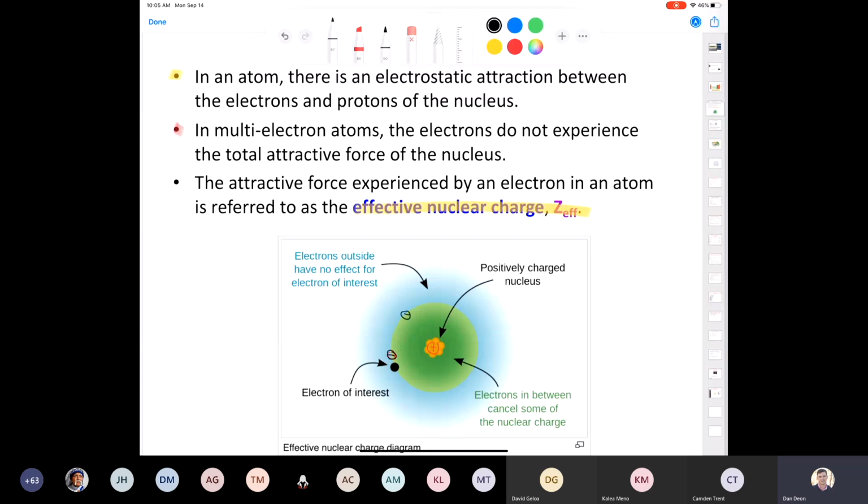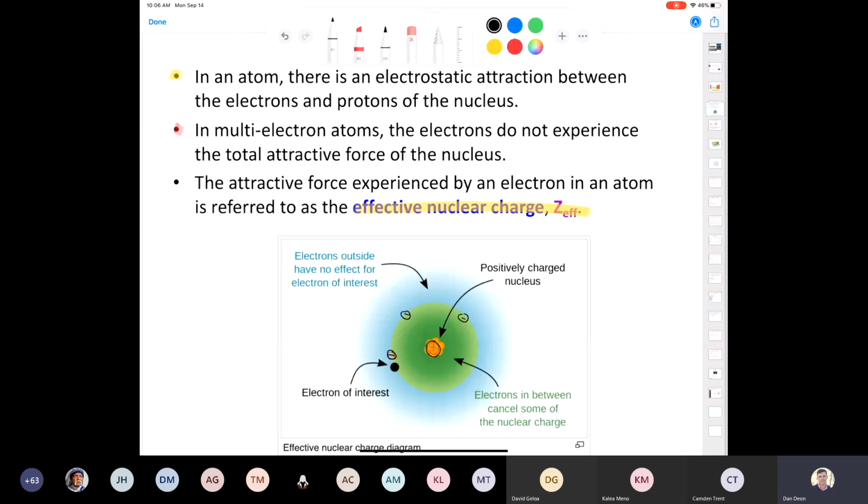What if I have a second electron? Are both of those electrons going to feel the same amount of force? No. They will not, because some of the positive charge is going to be pulling on this electron, and some of the positive charge is going to be pulling on that electron. What if I add another electron? If I keep adding electrons, that means that overall, electrons are going to cancel some of the nuclear charge.